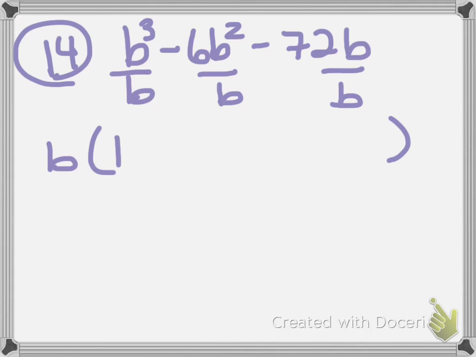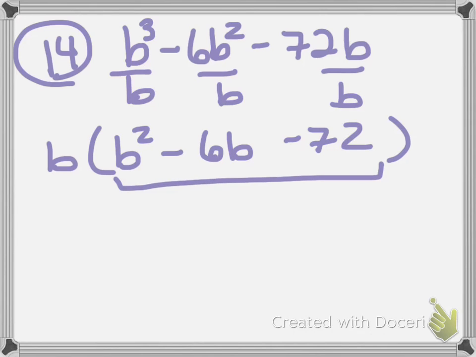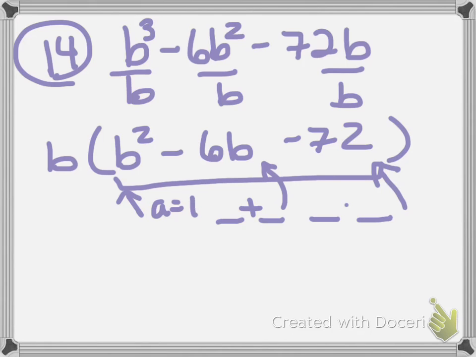I'm left with b squared minus 6b minus 72. Again, I'm going to see if I can factor this any further. And what I like about this is a is equal to 1. All I need to think about is what times what multiplies to get negative 72 that adds to get negative 6.